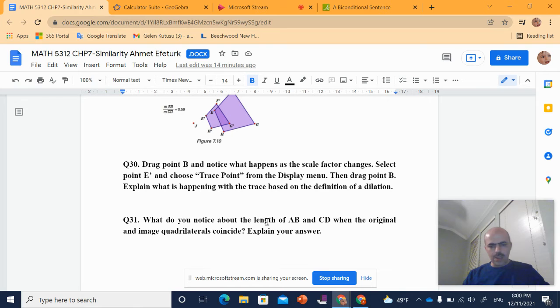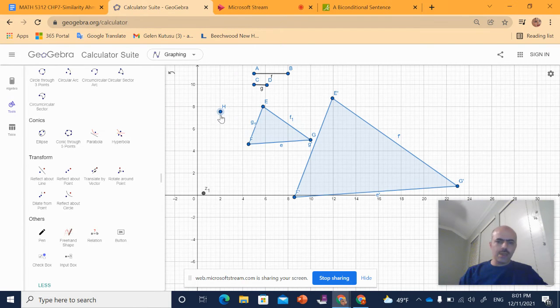What do you notice about the length of AB and CD when the original and the image quadrilaterals coincide? Generally, we are doing dilation of these two similar triangles according to the ratio of AB and CD.